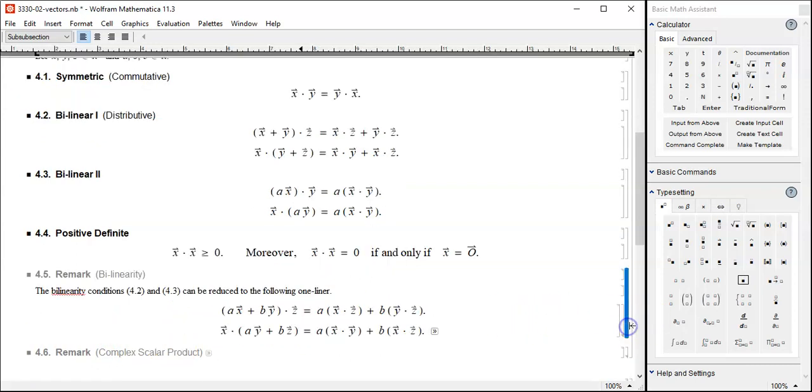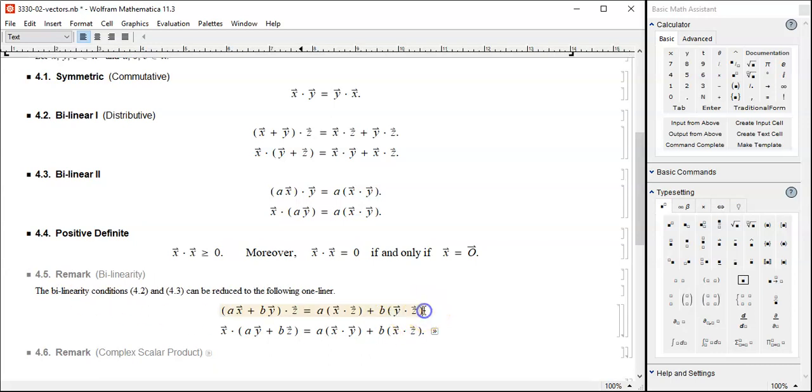Bilinearity. Here we go. The bilinearity conditions 4.2 and 4.3 can be reduced to the following one-liner. So instead of separating the addition and then taking the scalar out in two different conditions, put both of them together in ax plus by form.